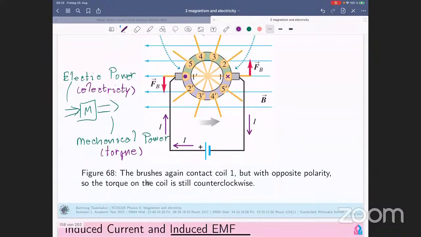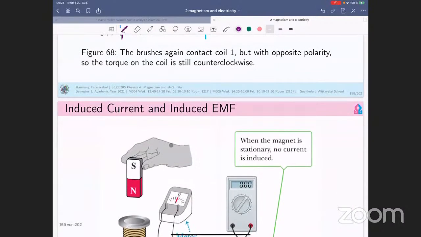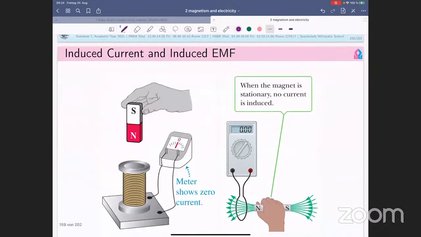Okay, now let's move to the next topic. We will talk about the device that works in the opposite way to the previous device, the motor. This device is called a generator. It's in the same way: there is input, there is also output. The input of this one is the mechanical power.